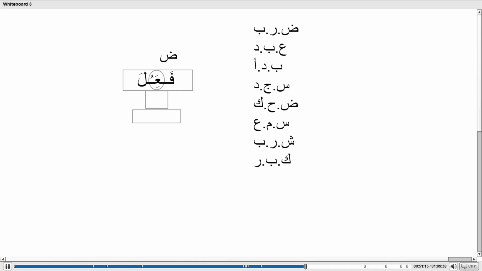So, you can say point number one, the first original letter should go on the first letter in the scale, which is what? Which is the fa.